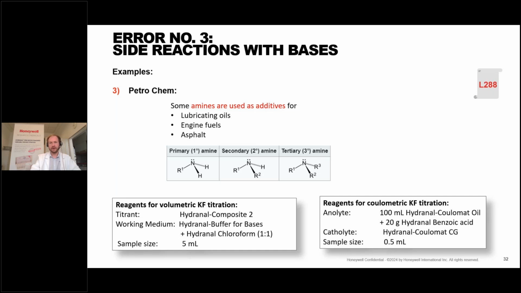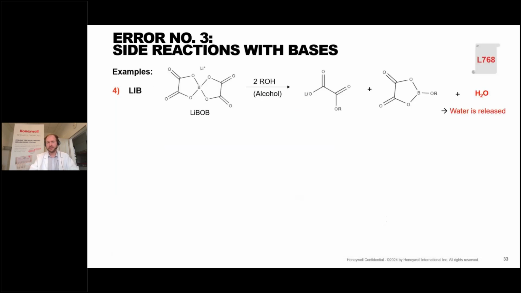Last but not least, I wanted to show the negative impact of borates like LiBOB, which is typically used as an additive or as a main lithium salt for lithium battery electrolytes. This reacts with all kinds of alcohols to yield lithium oxalate, boric ester, and water.